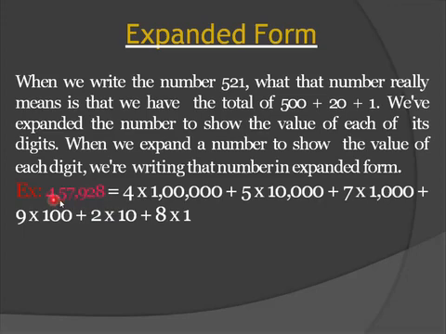Here 4 lakhs are there, so that means 4 into 1 lakh, plus 5 10,000s, so 5 into 10,000, plus 7 thousands, 7 into 1,000, plus 9 hundreds, 9 into 100, 2 tens, that means 2 into 10, and 8 ones, 8 into 1.